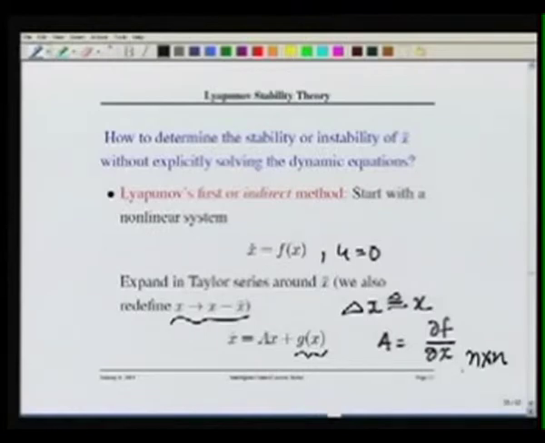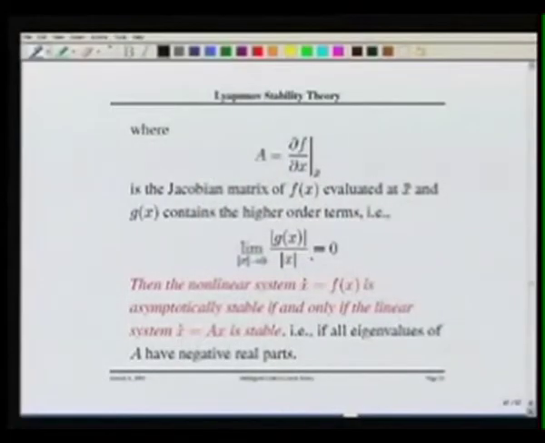Now, for g x, my higher order term, we assume that it satisfies this condition: the absolute magnitude of g x upon the absolute magnitude of x, as x tends to 0, is 0. It means that this linearization approximation is valid.